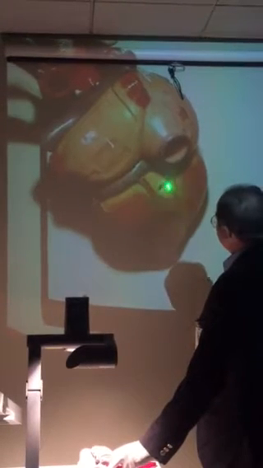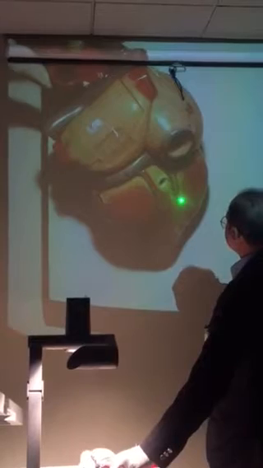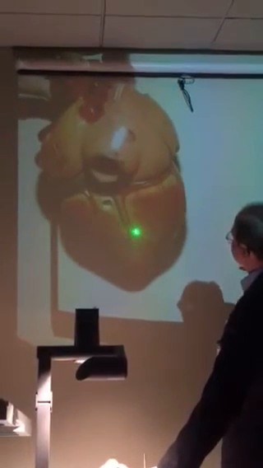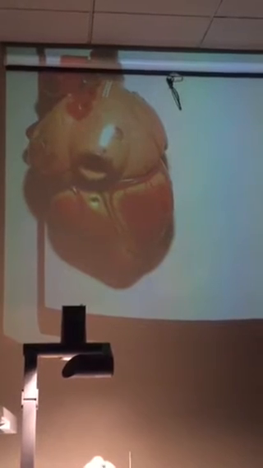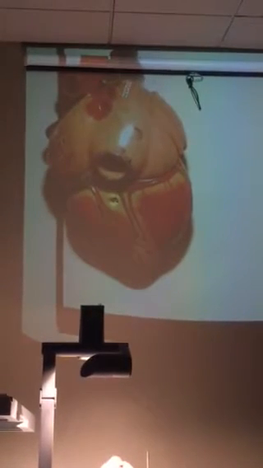And this is posterior interventricular groove. What is this artery? Posterior interventricular artery, and the vein is middle cardiac vein. There should be a vein here on the left atrium, known as oblique vein of the left atrium, but in this model, they have not shown that vein.